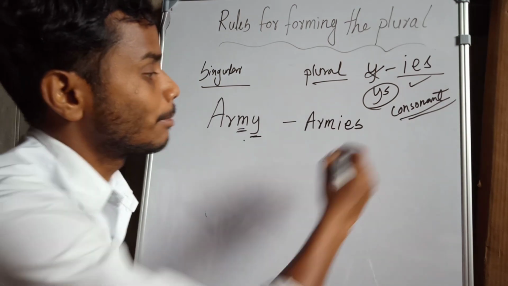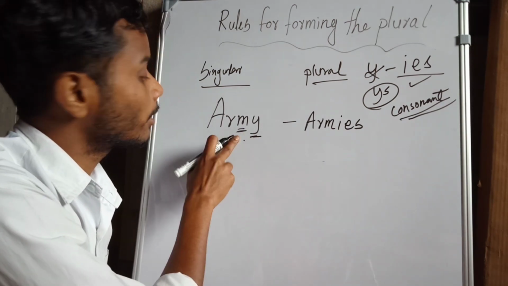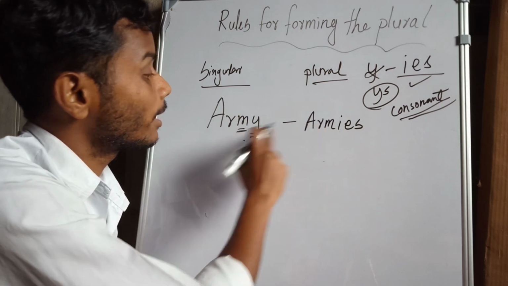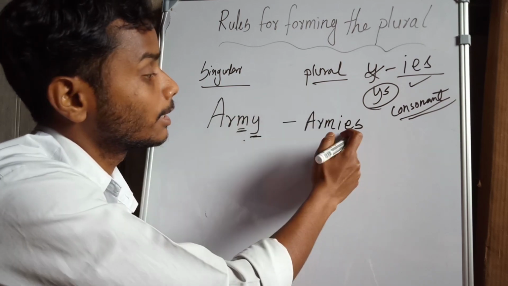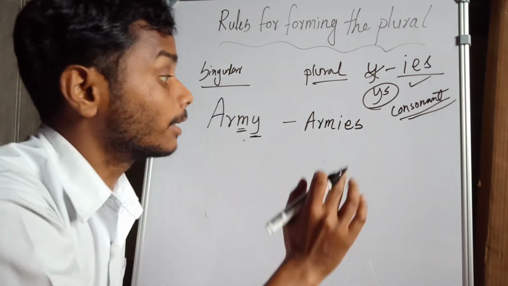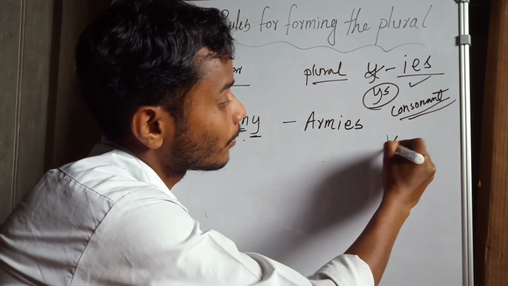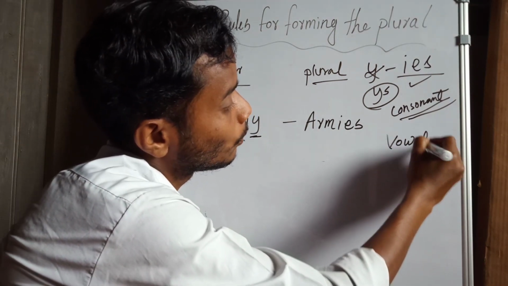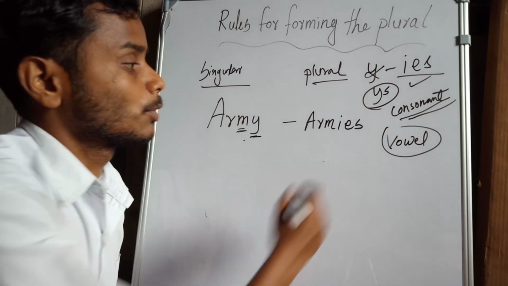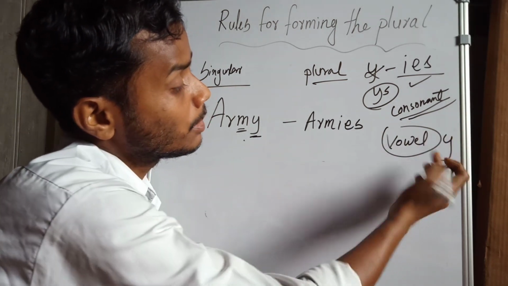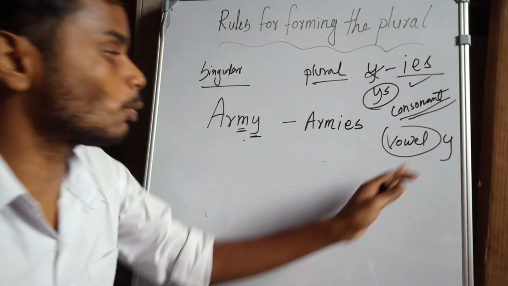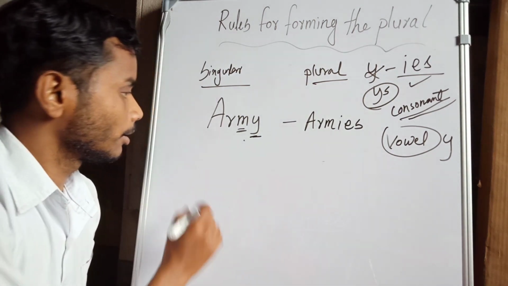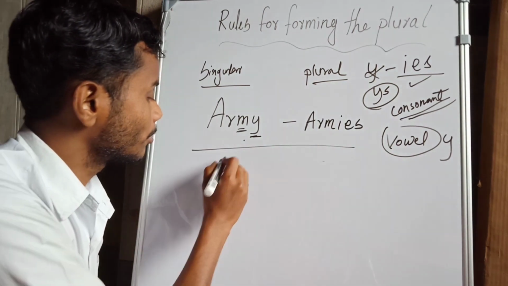So friends, remember that before Y a consonant is there, that's why Y के जगह में I, then after that ES. Okay, but a vowel is there. So Y is there, before that a vowel is there.